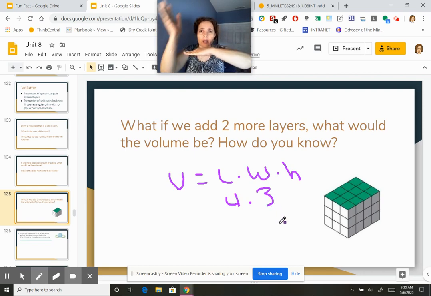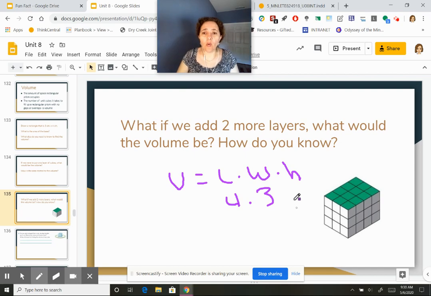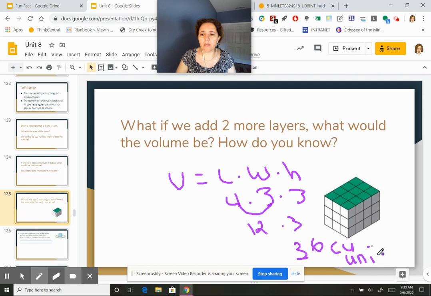The only thing that would change now is I would need to know my height, the amount of layers. So 1, 2, 3, my height is 3. Then I'd multiply by 3. So 4 times 3 is 12, and then 12 times 3 equals 36. So it'd be 36 cubic units. I'm not sure what I'm measuring in, so this is just in cubic units, okay?